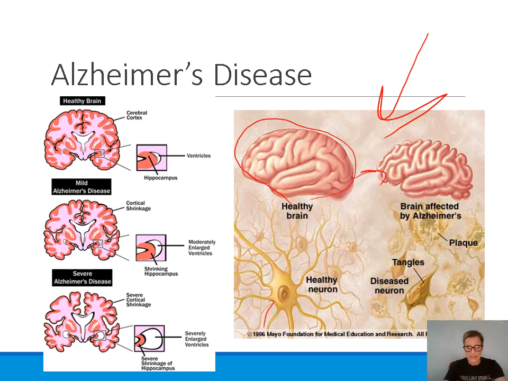You can see nice, healthy neurons with all of their interconnections. And then in the picture on the right, you can see that the neurons look terrible. Instead, you've got all of these big tangles and plaques that have built up, and those are interfering with the ability of the neurons to actually communicate with each other.